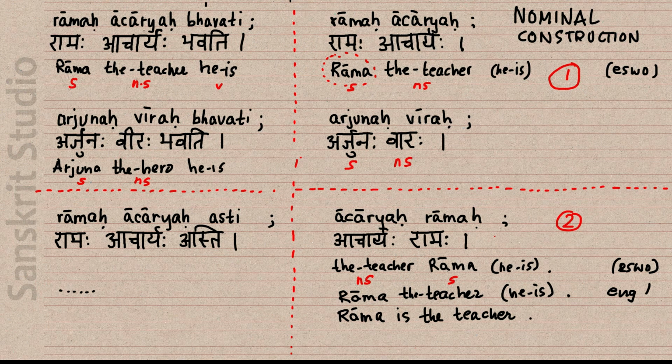And then we have the normal verb construction here with a verb in the sentence on the left here, Ramaha Acharya Bhavati. So those are the two uses then. We could say the two possibilities, but there's a third possibility also in terms of Asti.